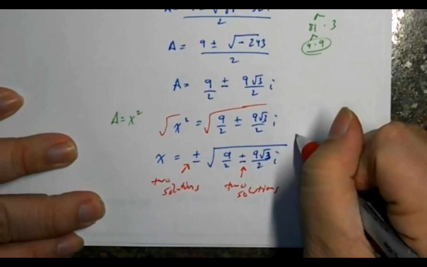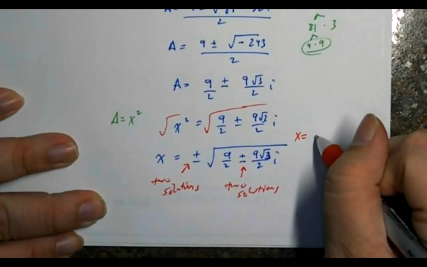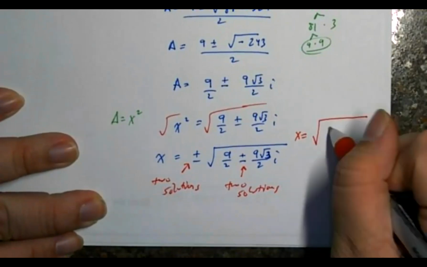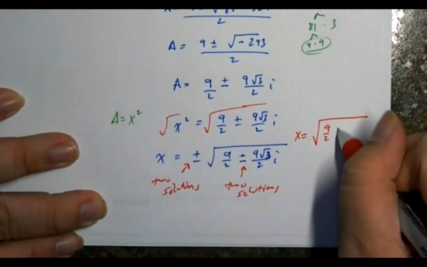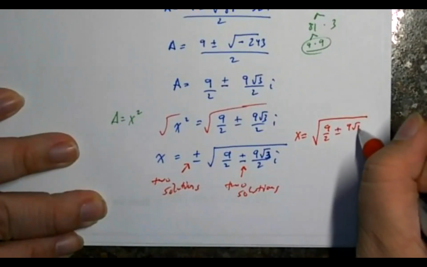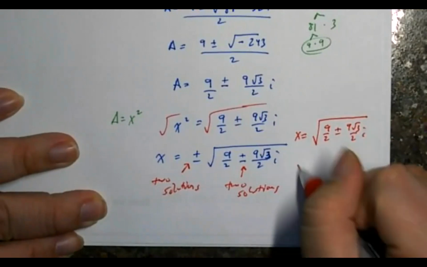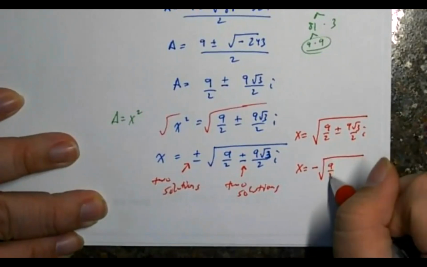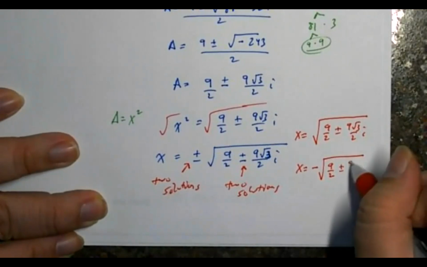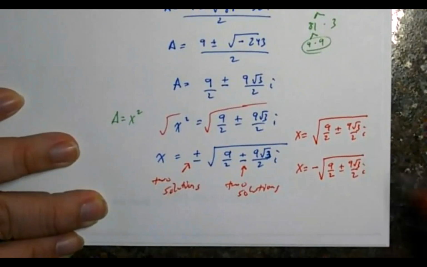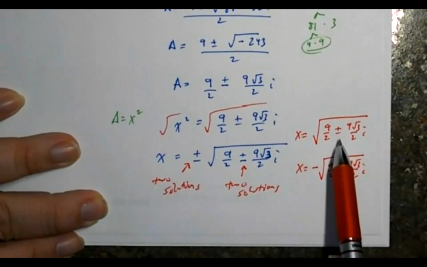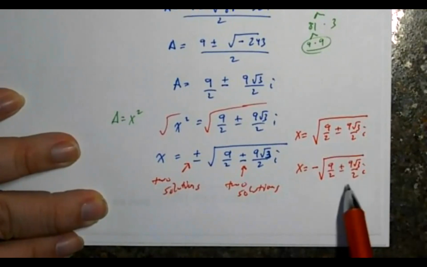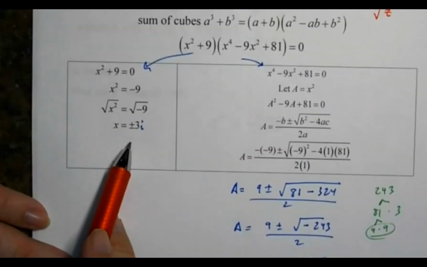Because what's going to happen is I'm going to get a positive square root of 9 halves plus or minus 9 square root 3 over 2 i, and a negative square root of 9 halves plus or minus 9 square root 3 over 2 i. And then I have to use a positive and negative value here and a positive and negative value here. So that's 4 answers total. So I've got 4 solutions here and 2 solutions here. That's a total of 6.